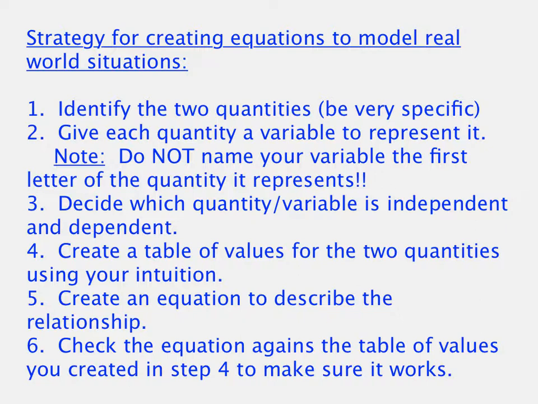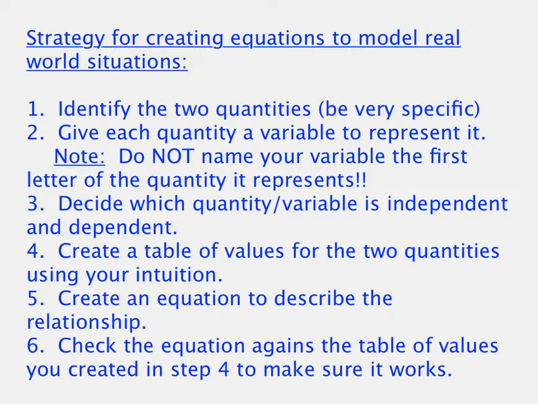Now, you don't have to do this fourth step, but I find it really helpful, which is to create a table of values for the two quantities, just using your intuition. And I find that making that table of values really helps with creating the equation to actually describe the relationship. And once you think you've created that equation, it's a great idea to just check it against the table of values that you made to make sure it's right.